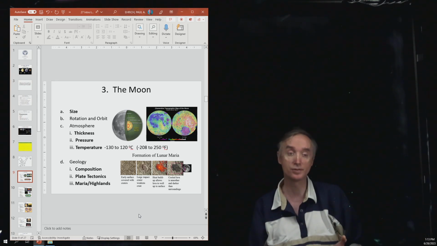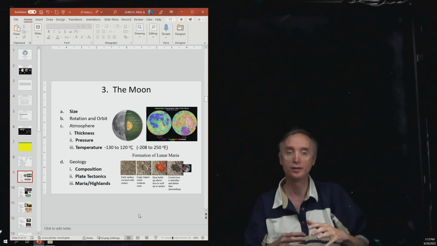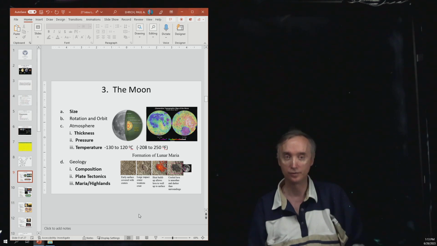It does have an atmosphere, so it does have some gases that are held down, but it's like 1/1,000,000th of the atmosphere of the Earth. So for all intents and purposes, you can say that it doesn't have an atmosphere, but it really does, a very, very thin one. All right, so if it has a thin atmosphere, what does that tell you about the pressure of that atmosphere? Very, very low.